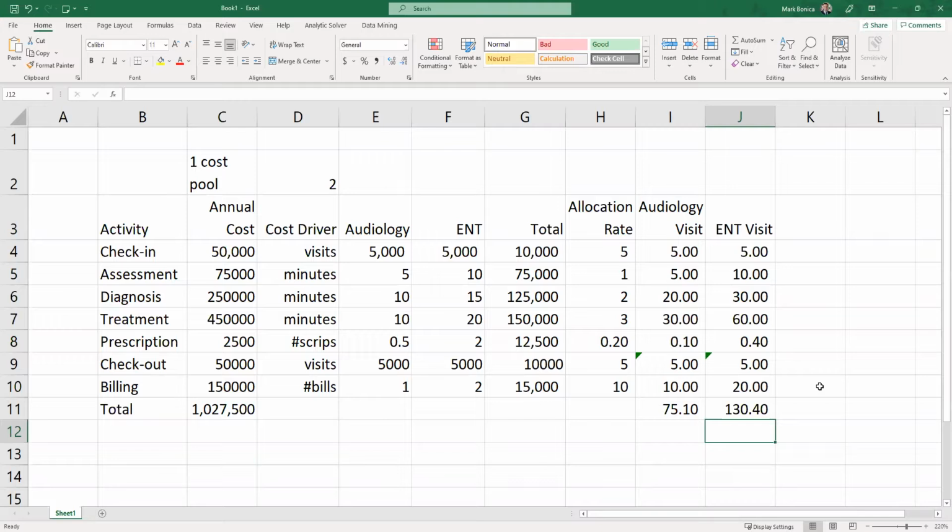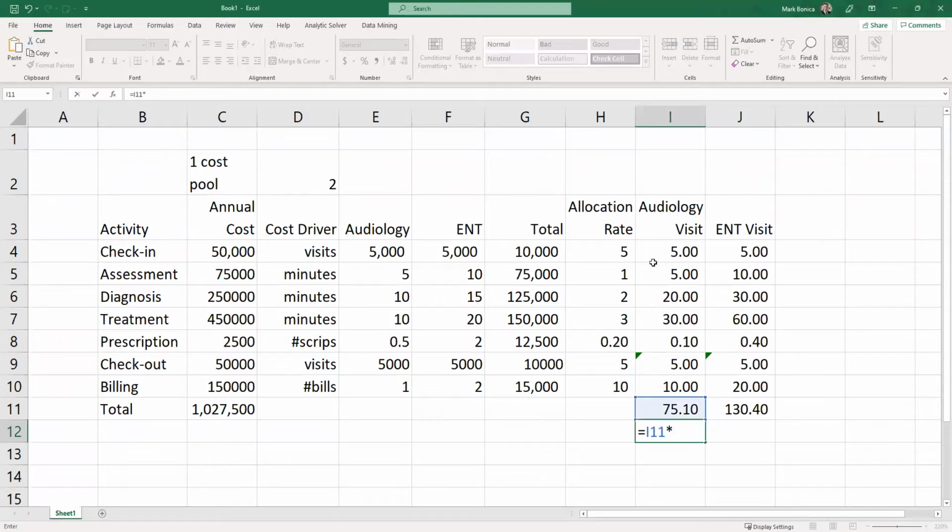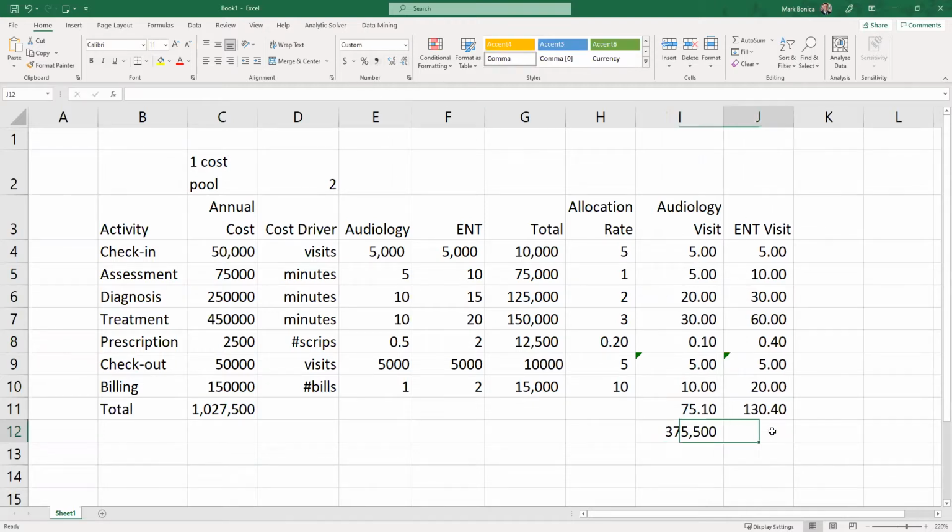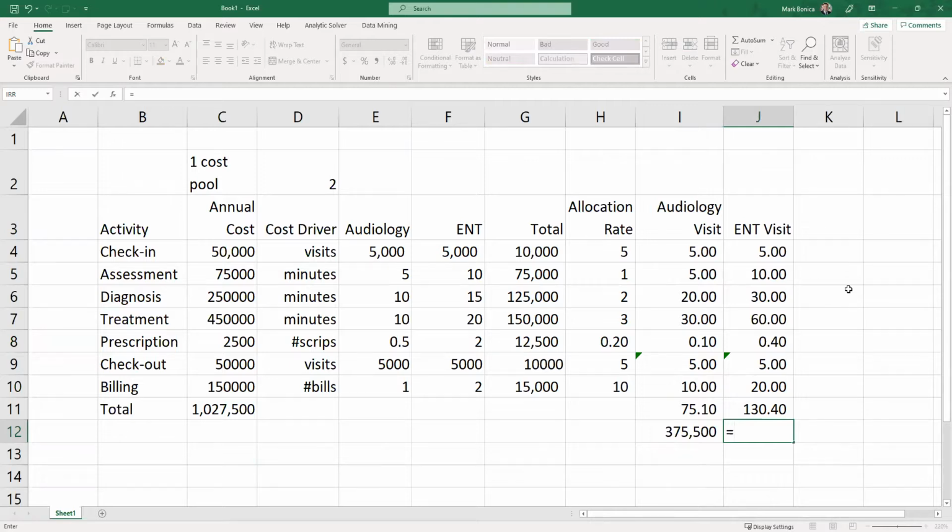Now, one way we can check this is we can say, all right, if the full cost, not including profit, of providing an audiology visit is $75.10, what is the full cost of providing audiology services? Well, we would take $75.10 times 5,000 visits, and we get $375,500. I don't really need the pennies here. And then what is the full cost of providing ENT? Well, it would be 130, right, times 5,000.